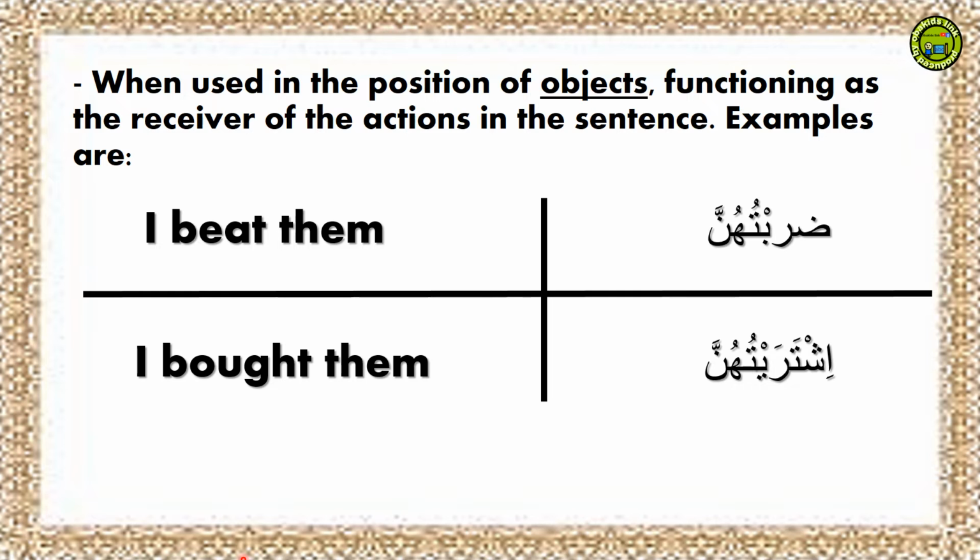When used in the position of objects, functioning as the receiver of the actions in the sentence, examples are ضربتهن, I beat them. اشتريتهن, I bought them. So the object pronoun here is hunna and hunna.